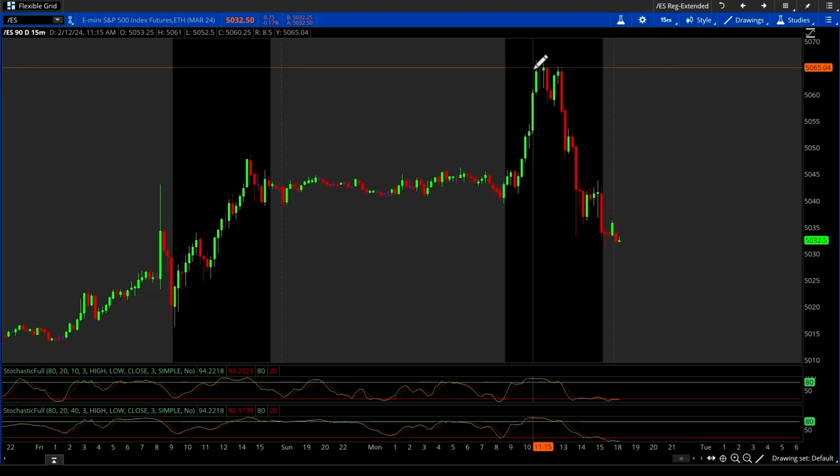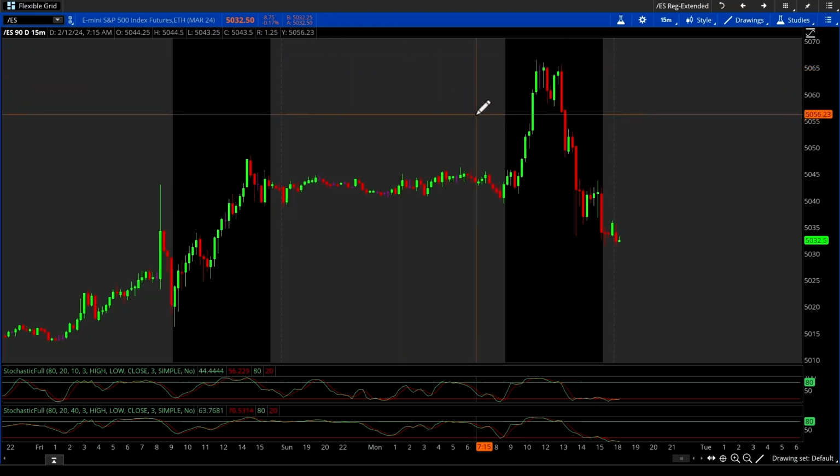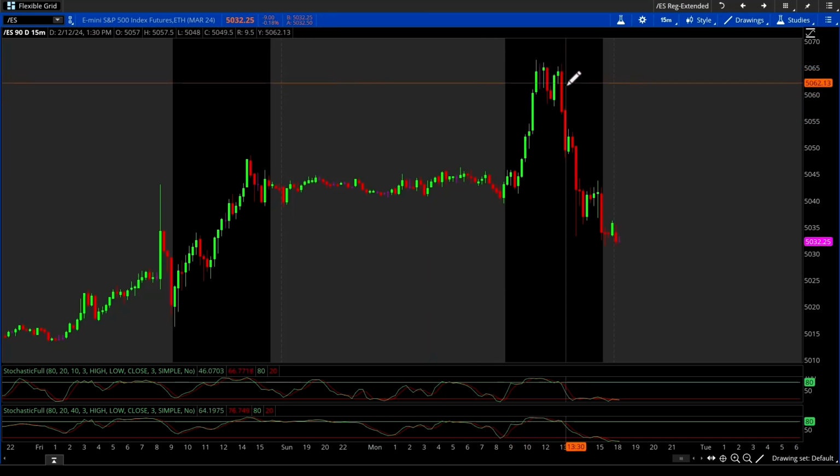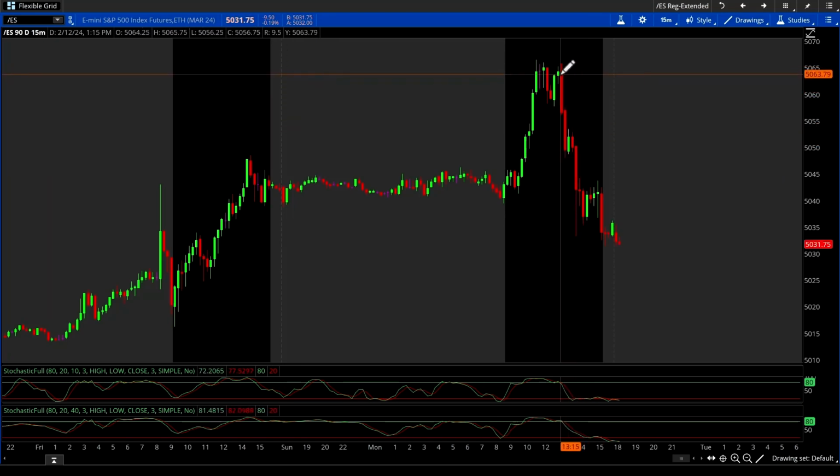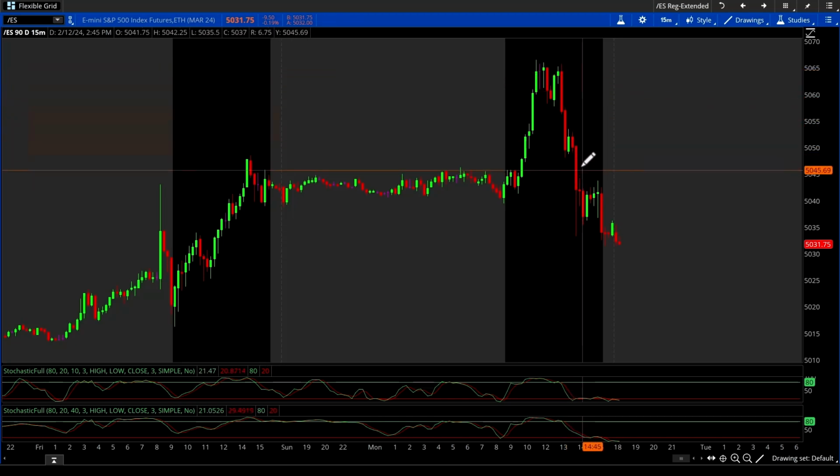You can say, yeah, this is where I'm going to go short. And if you have a lot of discipline and you know your risk management and you know how to get in a position and scale out, buy more than one contract or whatever it may be, you can make yourself a lot of money.